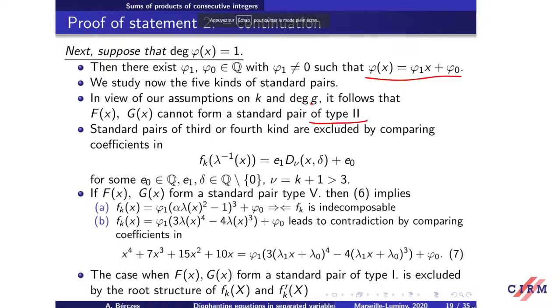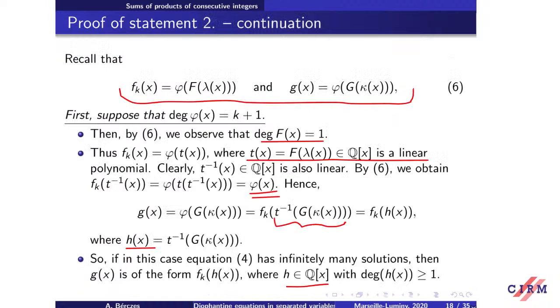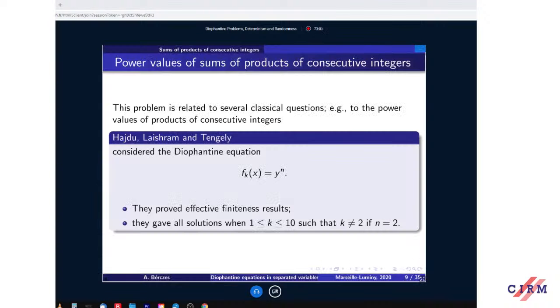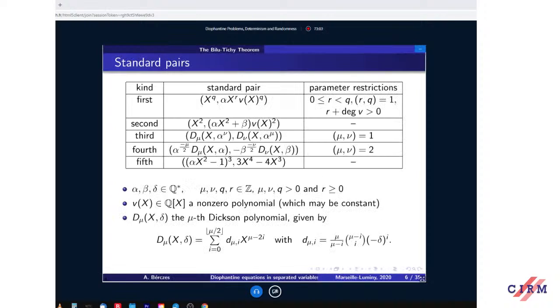On the other hand, the other polynomial, let me just come back for a second to the second type of standard pairs. One of them must be x squared, and the other one must be of this shape. But here it's clear that this polynomial has multiple roots whenever the degree is larger than or equal to 4.